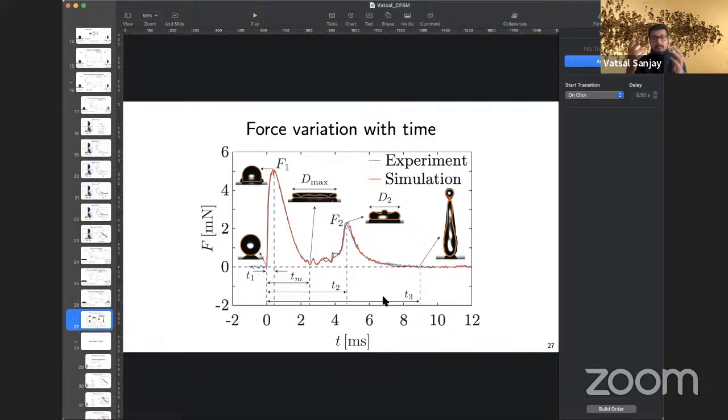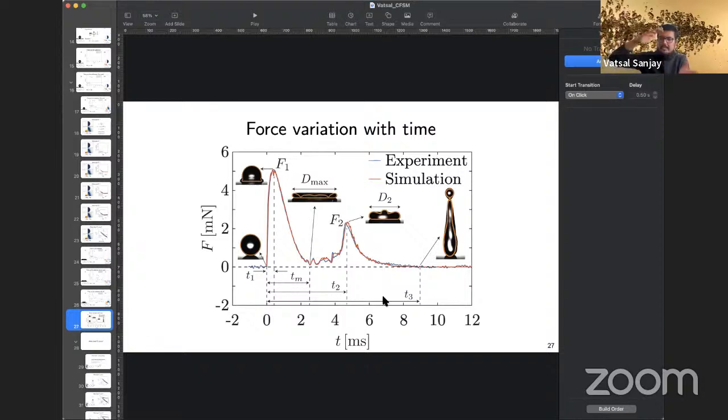And in fact, if you just model drop impact with this force which comes in because of deformation, then you would think that there are only two stages, spreading and takeoff, and both of them should happen at t/2 and t/2. But that's where the theory breaks down, because we see that the spreading is 1/4 of the oscillation cycle, and the retraction and takeoff is 3/4 of the oscillation cycle.